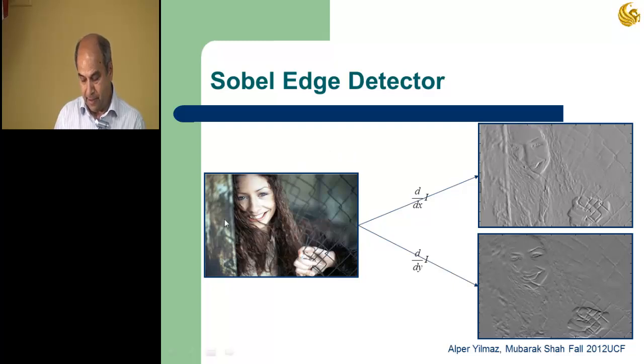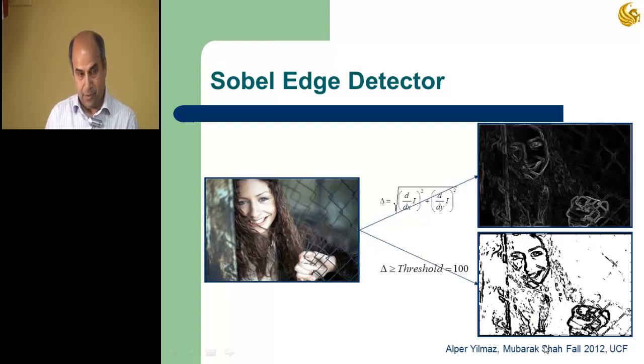So if you take an image like that, apply the x mask, you get this image, apply the y mask, this image, and then you can find the magnitude like that, and you can apply a threshold on that. Because if the derivative is 0, which is mostly where you see black, dark, then there's no change, there's no edge.